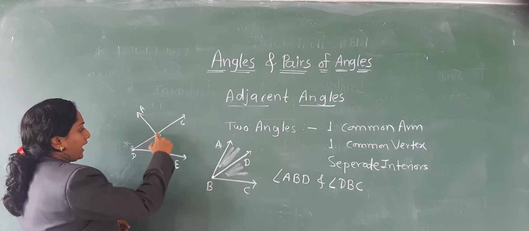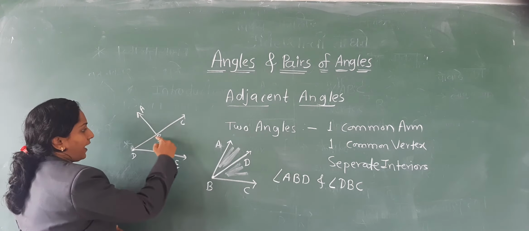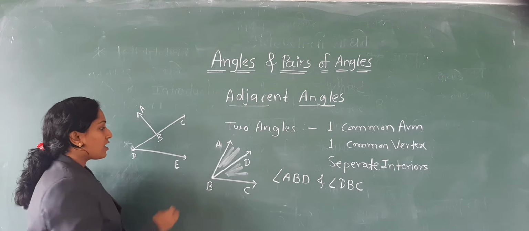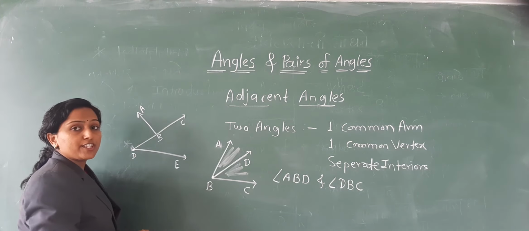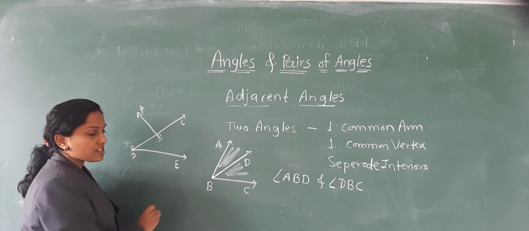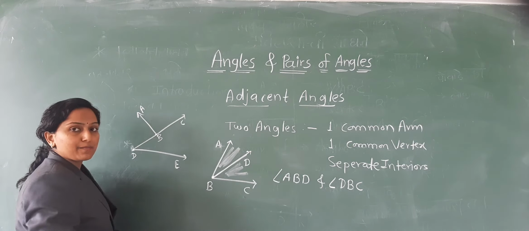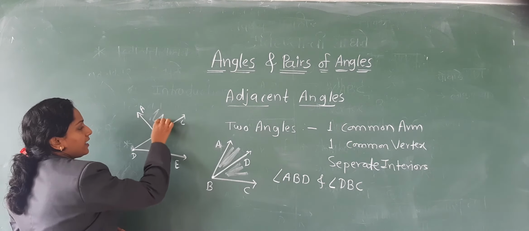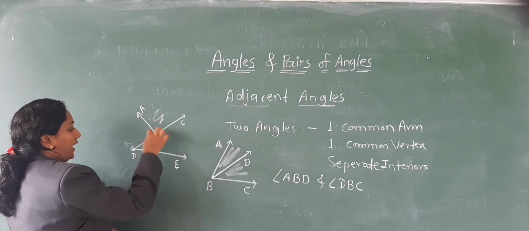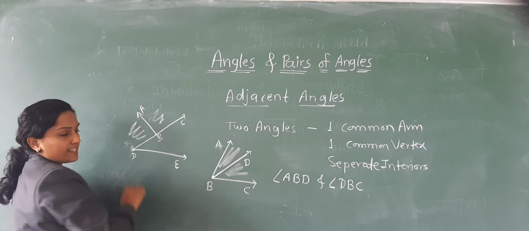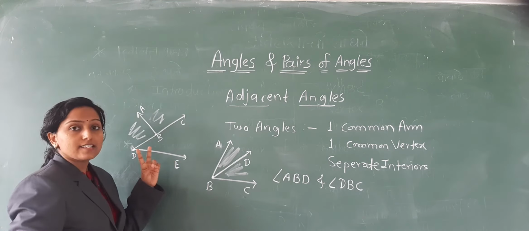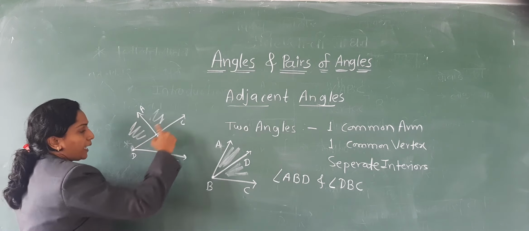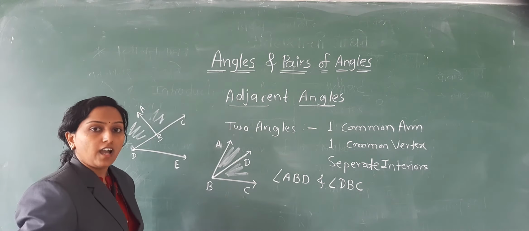Here angle ABD and angle ABC are adjacent angles because BA is the arm which is common to these two angles. Vertex B is the common vertex, and ABC has this interior and ABD has this interior. It means these two angles have separate interiors. Therefore, angle ABD and ABC are adjacent angles.